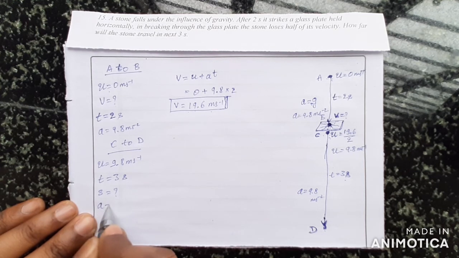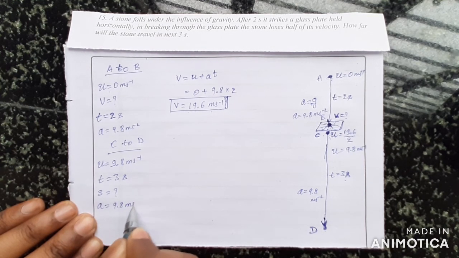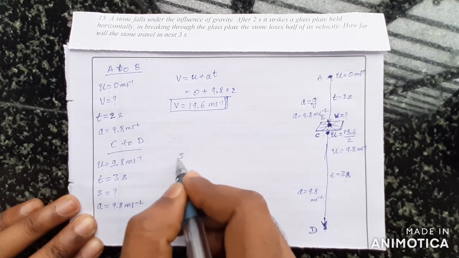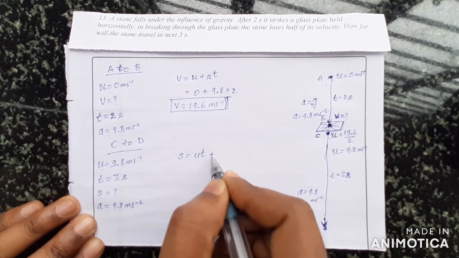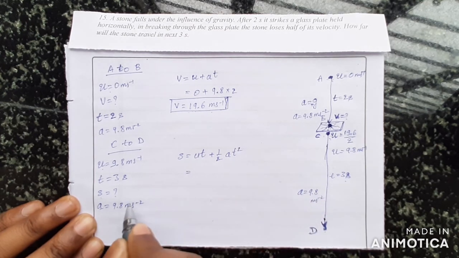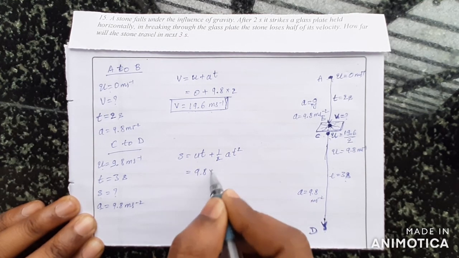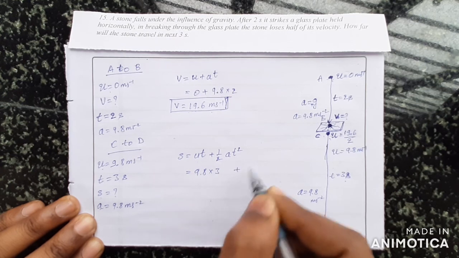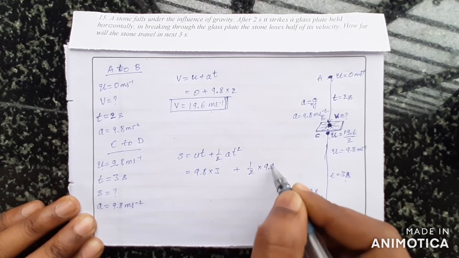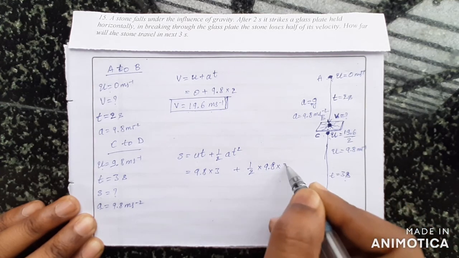So what I need is S. I have U, T and A with me. The formula is S is equal to ut plus half a t squared: U 9.8, T 3 plus half into A 9.8 into T 3 squared.